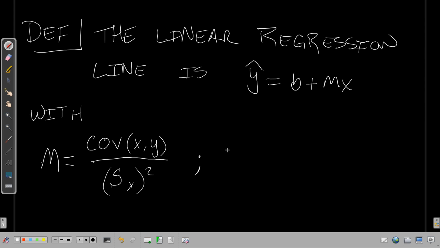And the y coordinate of the y-intercept, the b, satisfies that y bar minus m times x bar is b.